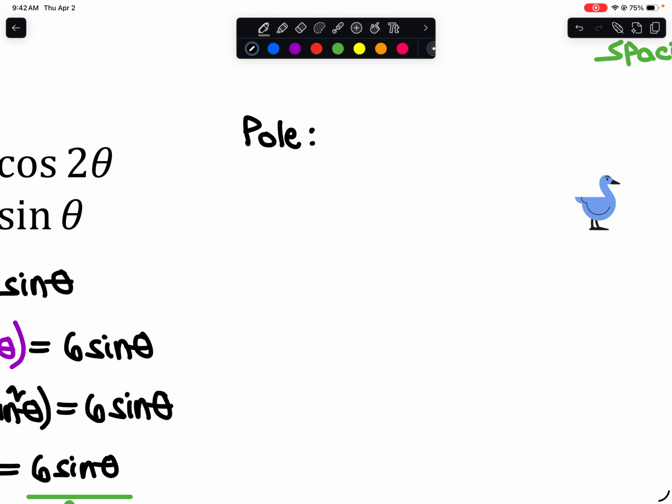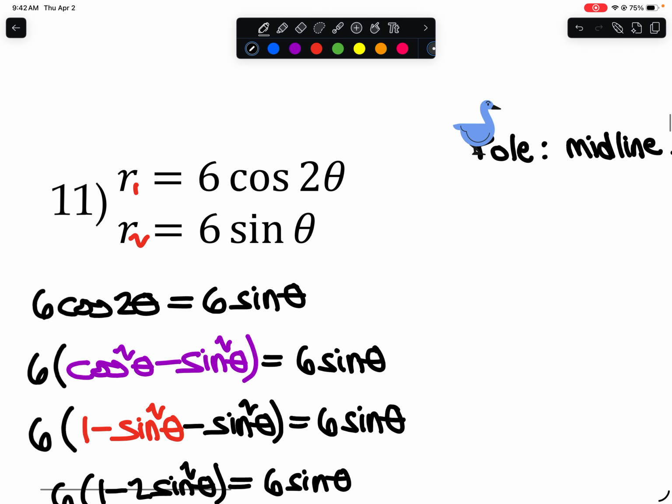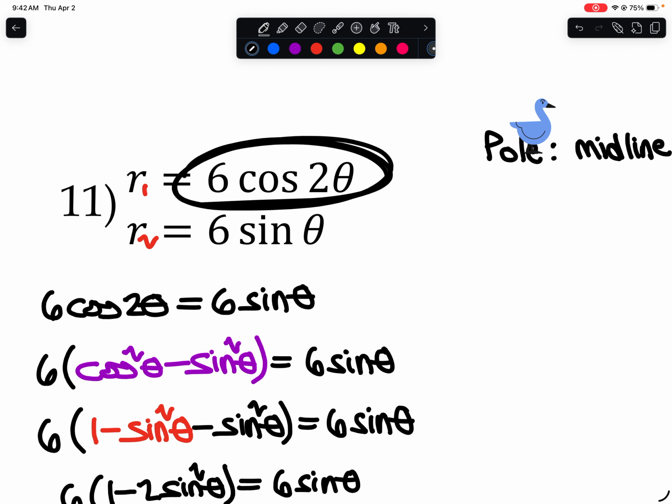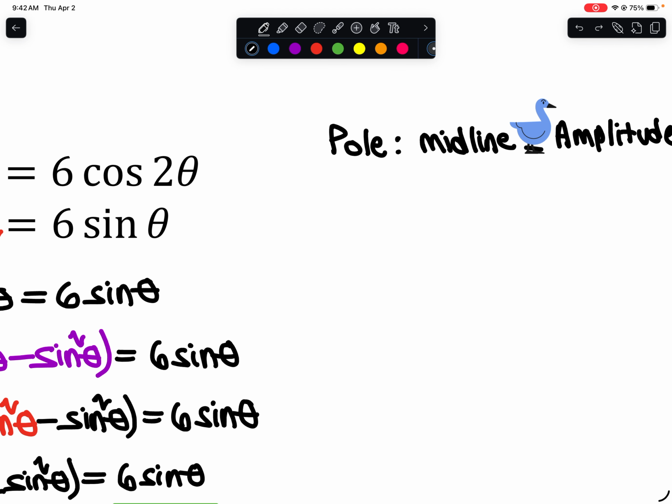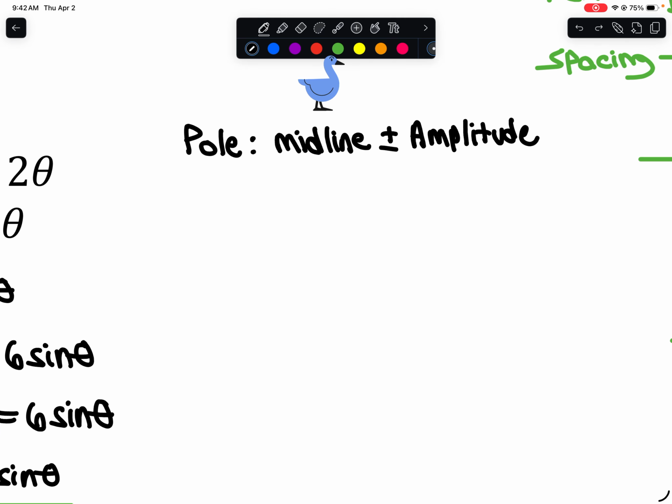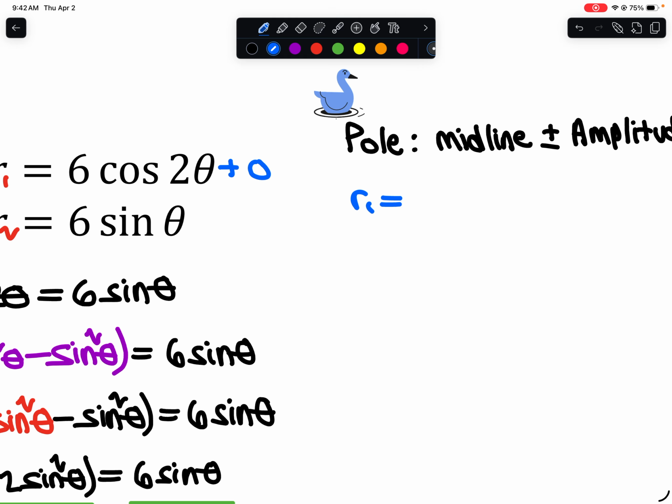So once again, just as a recap, we're going to do the midline plus or minus the amplitude. So even though the period is different for this rows graph here, it doesn't change the fact that we're still going to do the midline plus or minus the amplitude to see if it's going to pass through the pole, which based on the graph, we can see it does. So if I do the rows equation, R1, I'm not adding anything over here or over here, so my midline is just going to be 0.